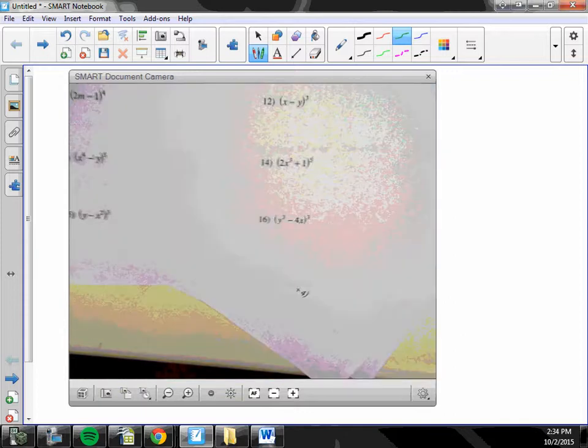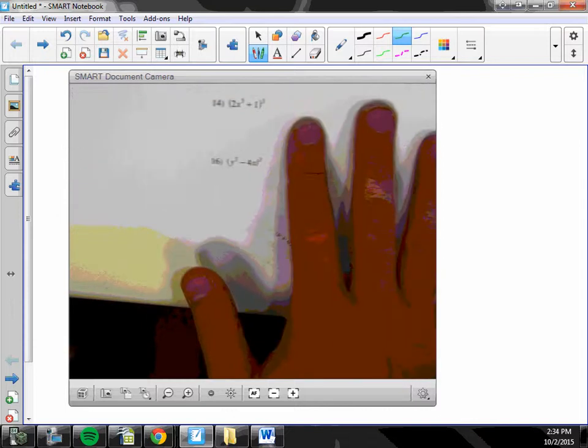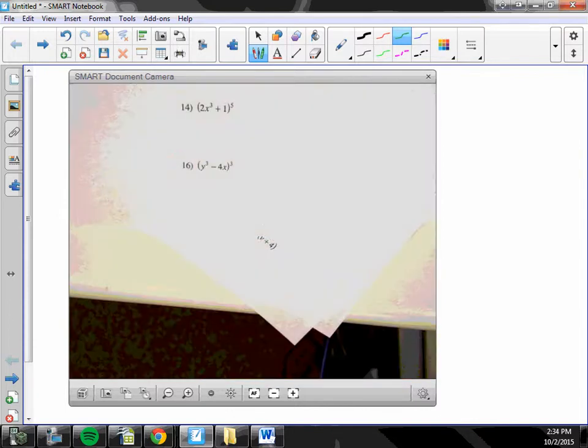Okay, let's do 14. So, we go to Pascal's triangle, 1, 5, 10, 10, 5, 1. So for the first term, it's going to be 1 times 2 to the fifth, and then x to the third to the fifth is x to the 15th. I have 5 copies of x to the third.